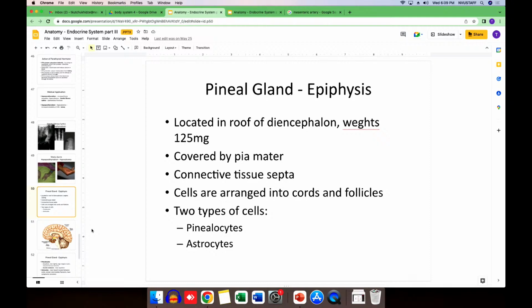It has connective tissue inside, and there we have cells, of course, arranged into cores and follicles, and we have two types of cells there: pinealocytes and astrocytes.